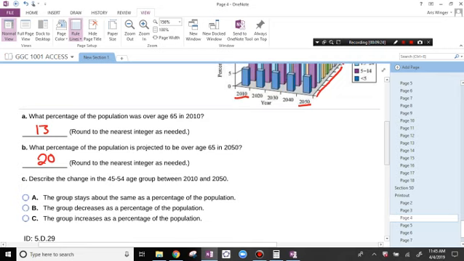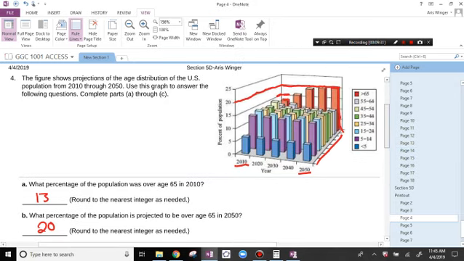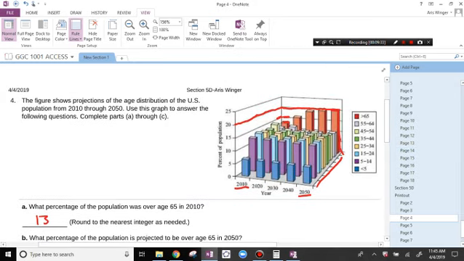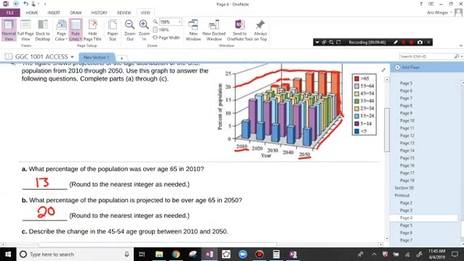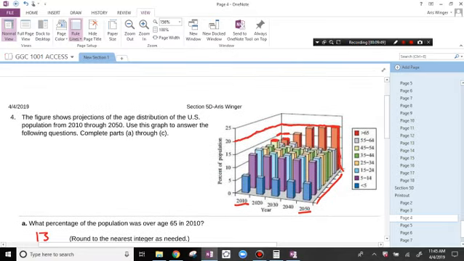Describe the change in 45 to 54 from 2010 to 2050. Where is this 45 to 54? Oh, this is this yellow group. It's hard to see this yellow group. So here from 2010, they were at roughly 14%. And in 2050, it looks like they've gone down a lot.